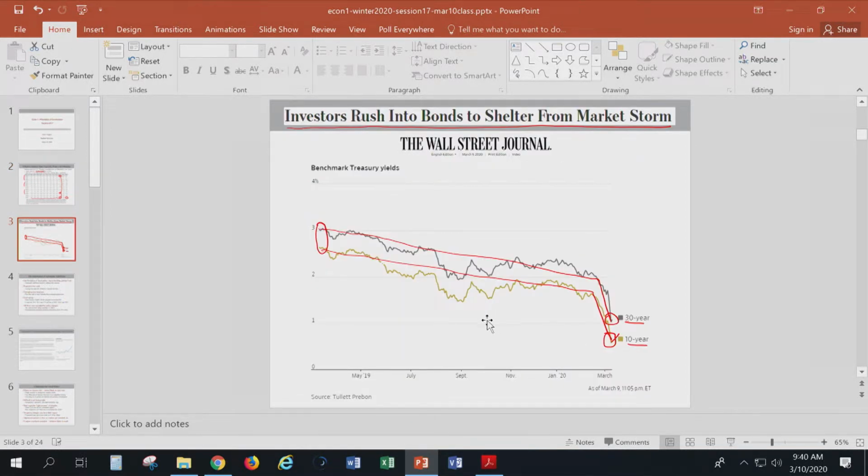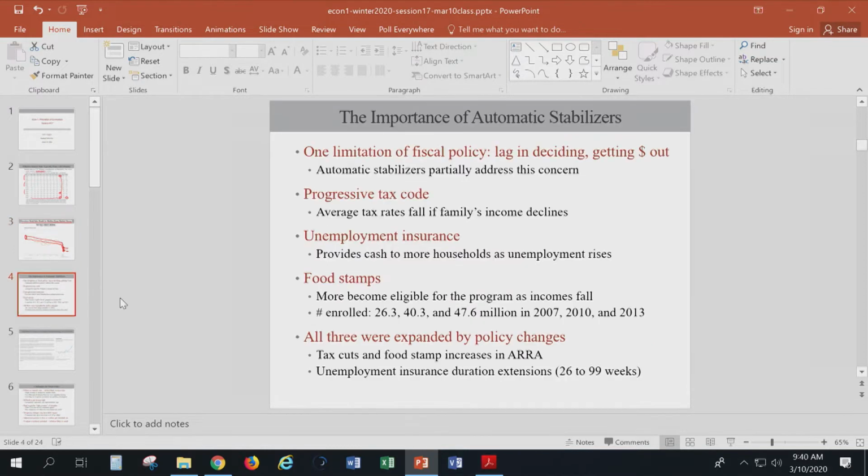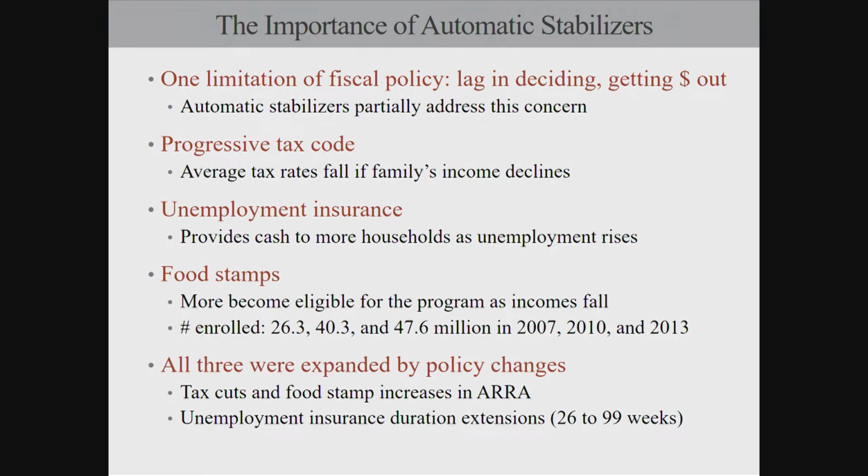I also spoke a little bit last time about the importance of automatic stabilizers. So one challenge of using fiscal policy to combat economic weakness is that there can be a lag in deciding what form of stimulus to implement and a lag in getting the dollars out.